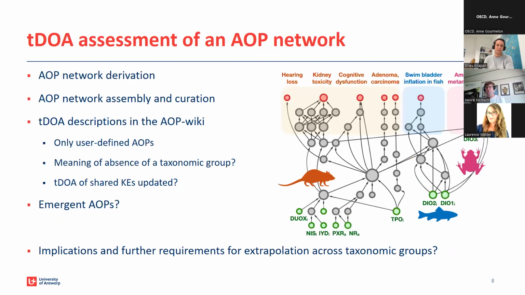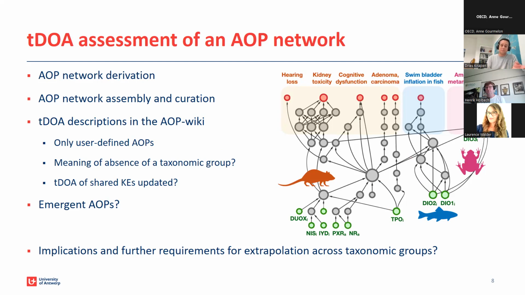Next slide. In this slide, you can again see the conceptual overall AOP network for thyroid hormone system disruption across these different species. I'll show a more detailed picture in a minute, but this more or less shows the current status of this network as it is in the wiki.